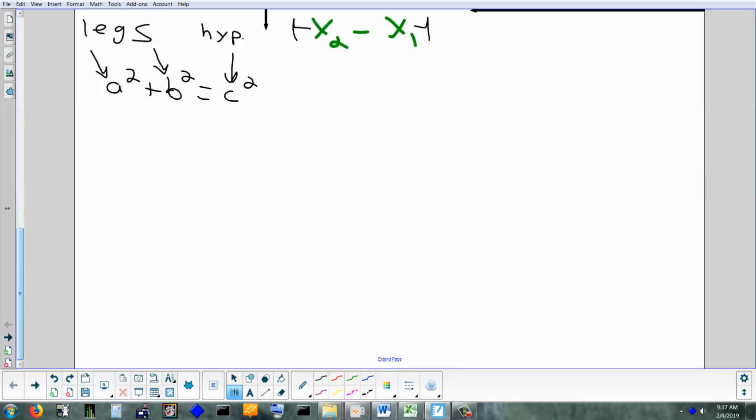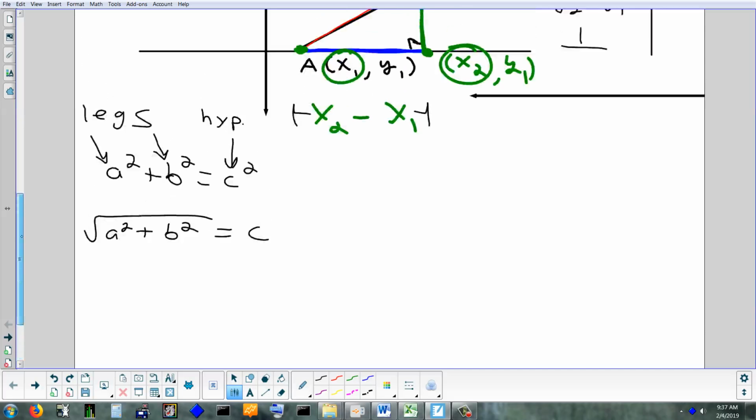Now this formula is giving me C squared. How could I make it so it's just C on the right side? I don't really want length squared, I just want length. Yeah, take the square root. So that is the distance formula. It's just the Pythagorean theorem rewritten a little bit.